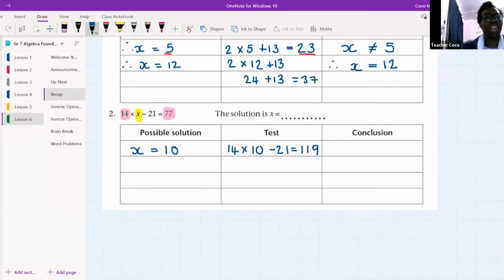Okay. So now I look at this number, 119, and I realize that 119 is much higher than 77, which means x is equal to 10 is too high. I need to pick another number that's below 10. Can we think of another number?